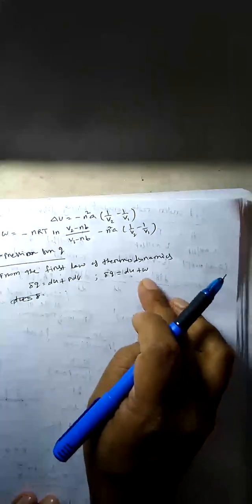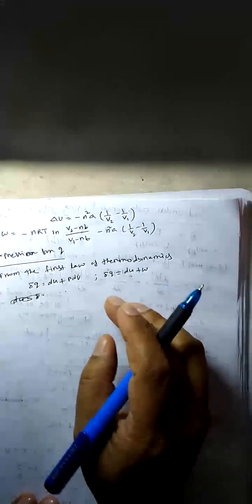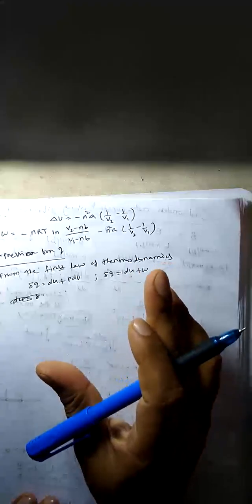But here W is negative because the work is done by the system. It is written that the system undergoes reversible, isothermal, reversible expansion of a van der Waals gas.